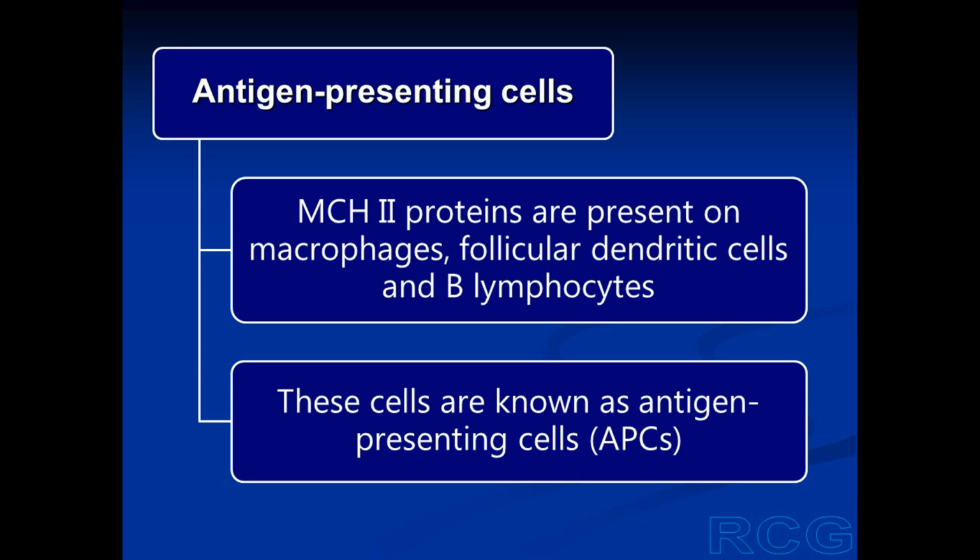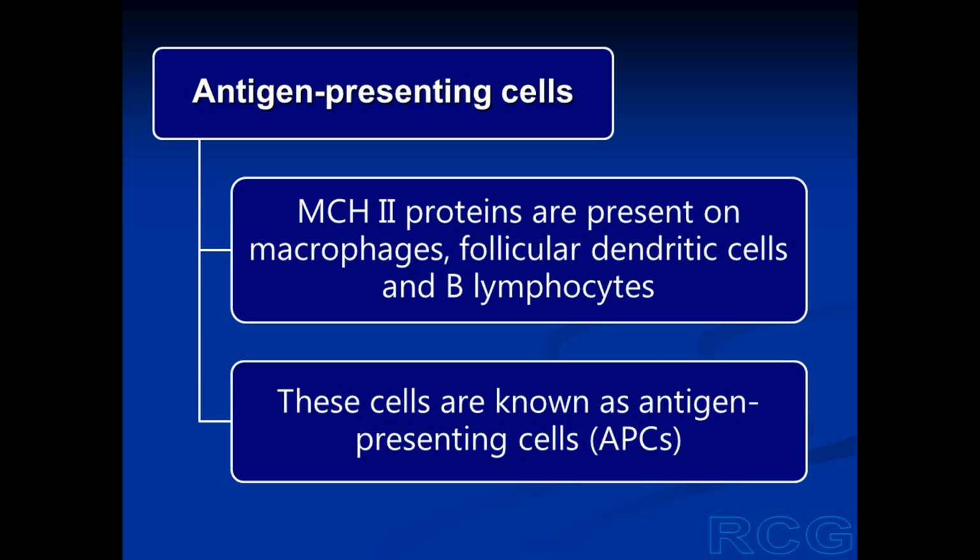We have seen that the receptor of the helper T cell recognizes foreign antigens only when they are combined with MHC2 proteins. And MHC2 proteins have a very restricted tissue distribution. They are present only on macrophages, follicular dendritic cells, and B lymphocytes.